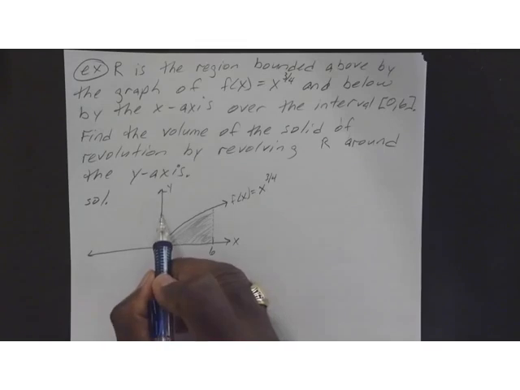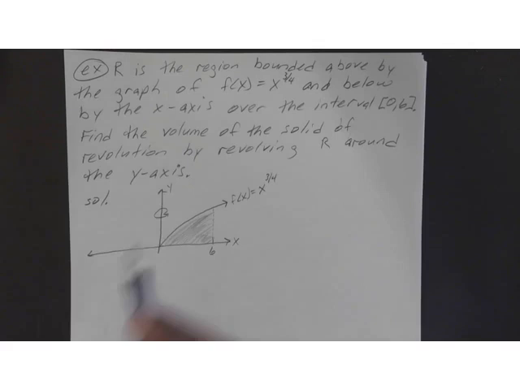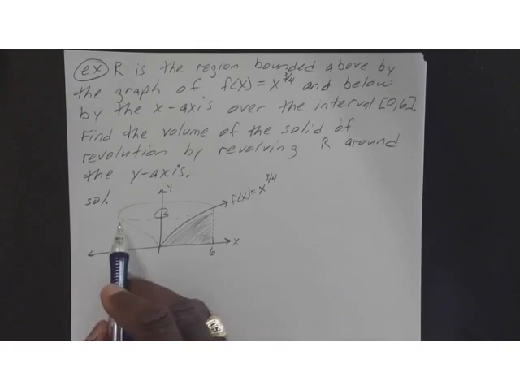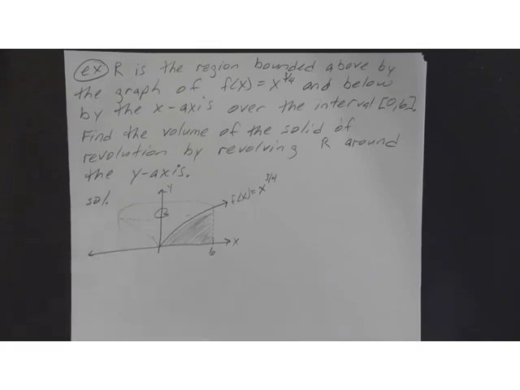So if we revolve this around the y-axis, we kind of have this little opening here. And the other half kind of looks like a mirror image. So it would look sort of like that.